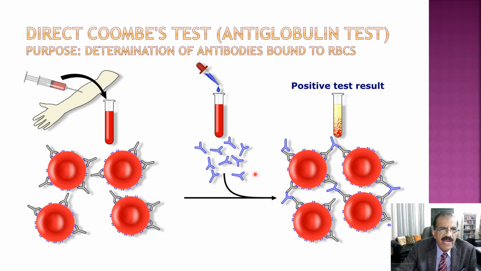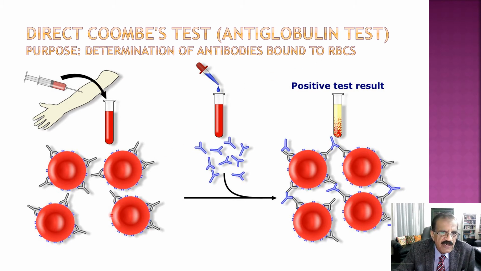This one is direct. Now what is the purpose of direct test? Determination of antibodies bound to RBCs. Right? Please note down, the purpose of direct Coombs test or direct antiglobulin test is to determine if the RBCs are coated, immunologically bound with antibodies.